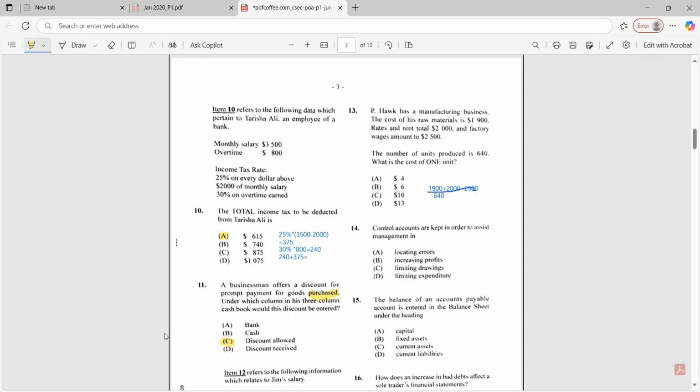All right, so what do you get when you add 1900 plus 2000 plus 2500, and then you divide that 6400 by 640? Of course, you're going to get 10. So therefore 10 is our answer.